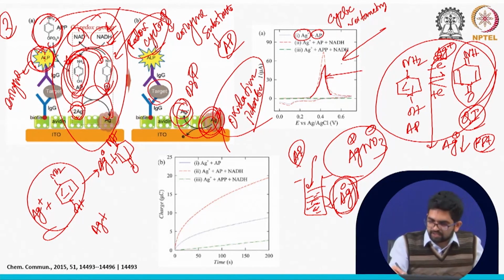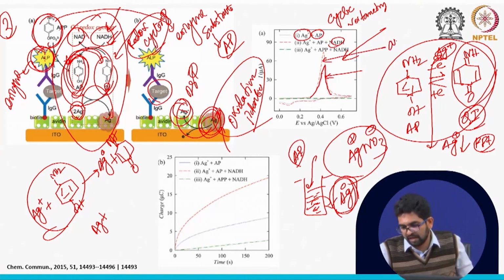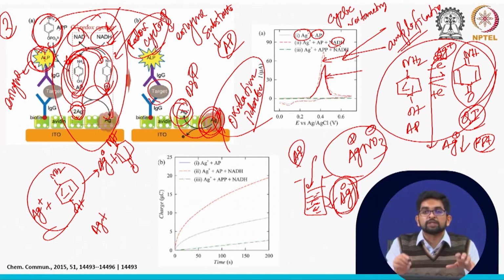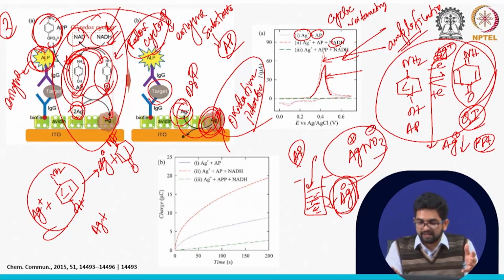Because of this reaction, we are getting very high current. Now, if you add NADH, the reducing agent, again see the signal is amplified, signal increases. This is called amplification, right? You are getting the amplification because of adding the NADH, because of the redox cycling, right?